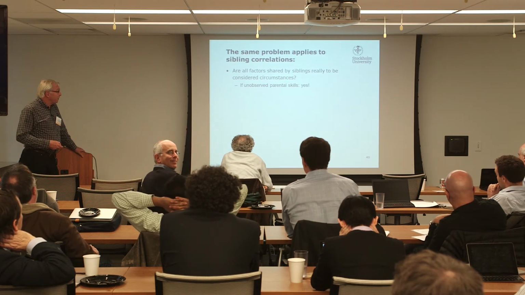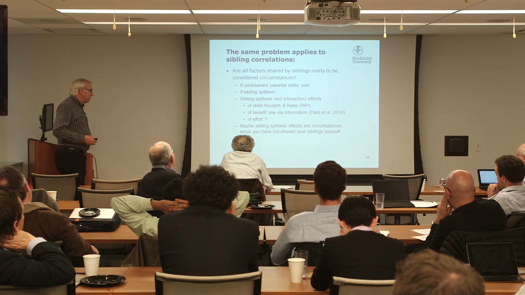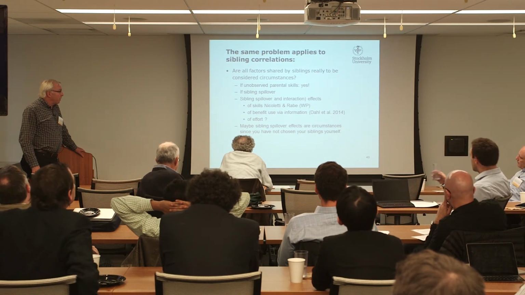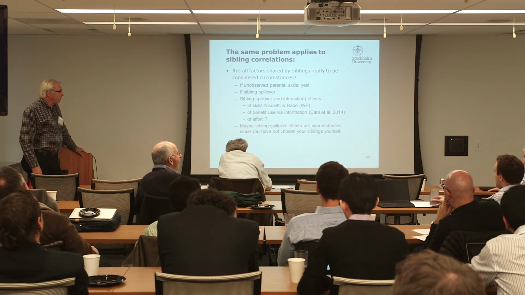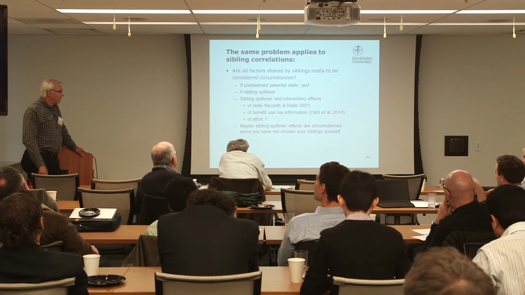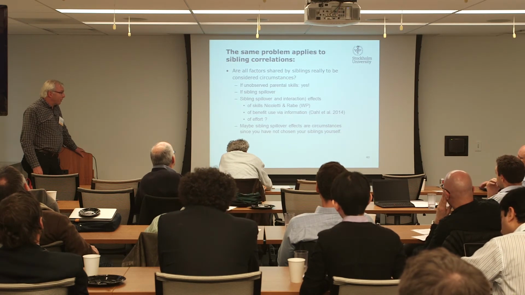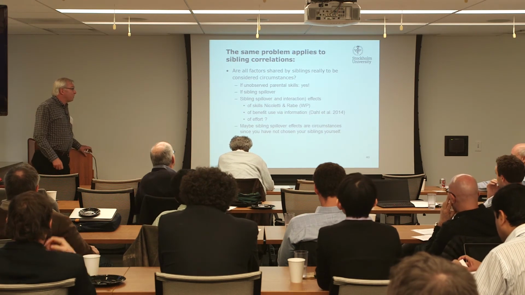If it's sibling spillover effects, sibling interaction effects, then I think it's harder to say. There are papers out there now suggesting that there are such spillover effects, and Magne has a piece with Gordon Dahl, but that's about benefit use. So there are spillover effects in that respect.